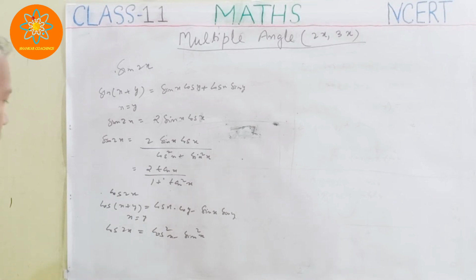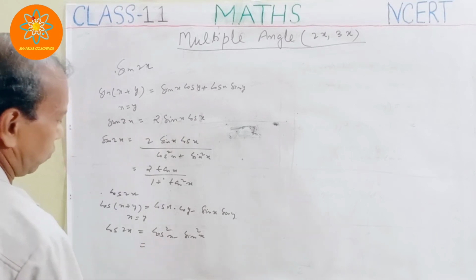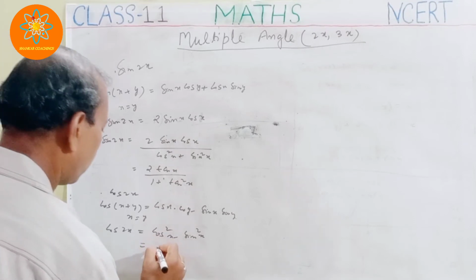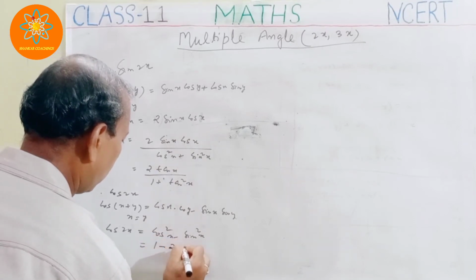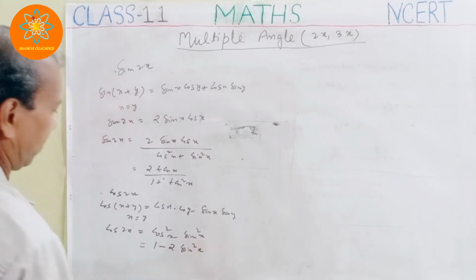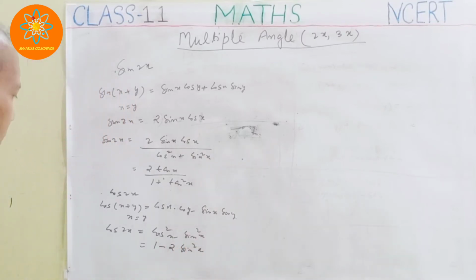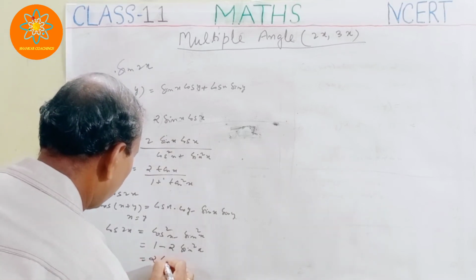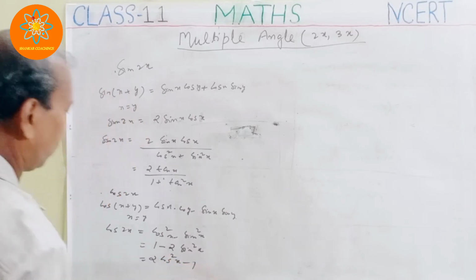I can modify this also. If I change cos square x into 1 minus sin square x, then it is also equal to 1 minus 2 sin square x. Also, if I write sin square x equal to 1 minus cos square x, this is also equal to 2 cos square x minus 1.